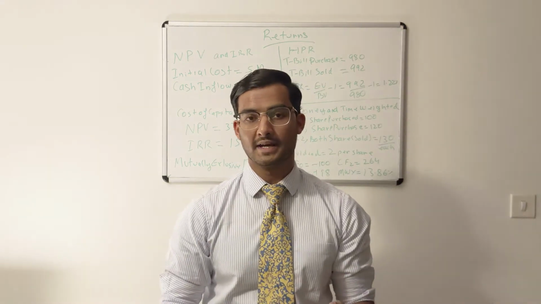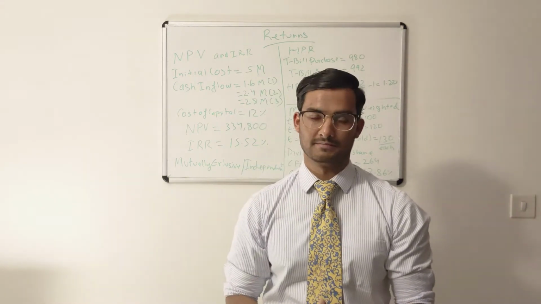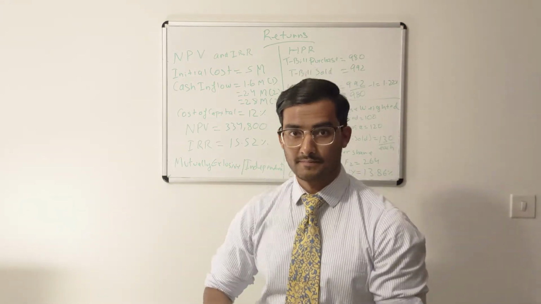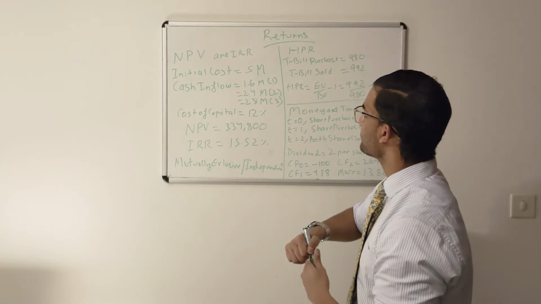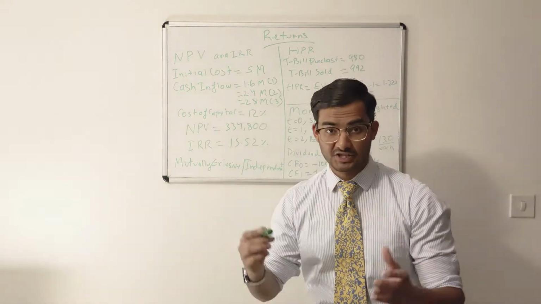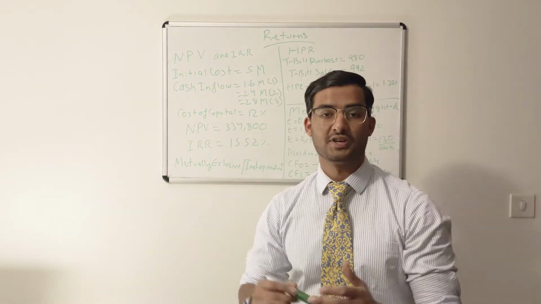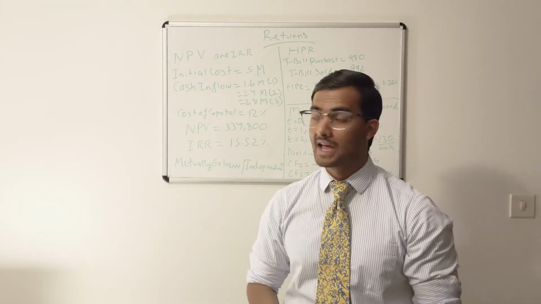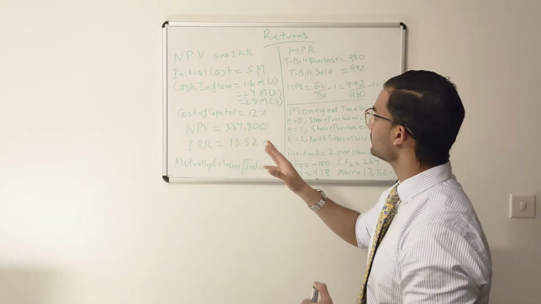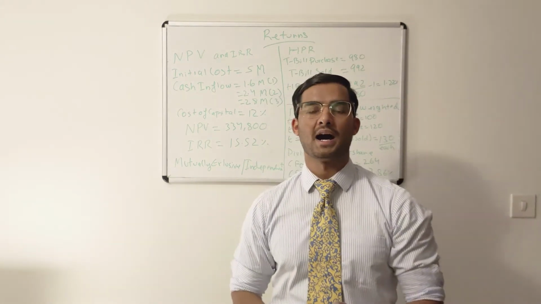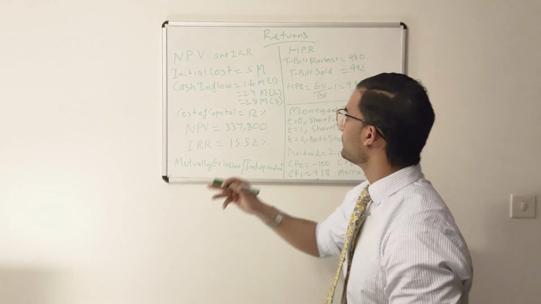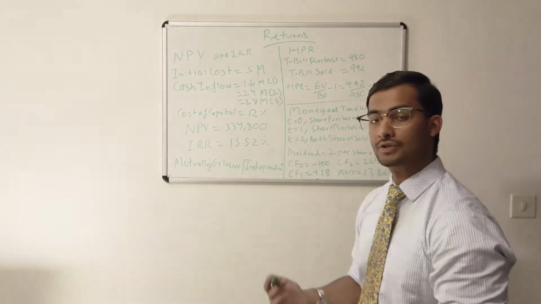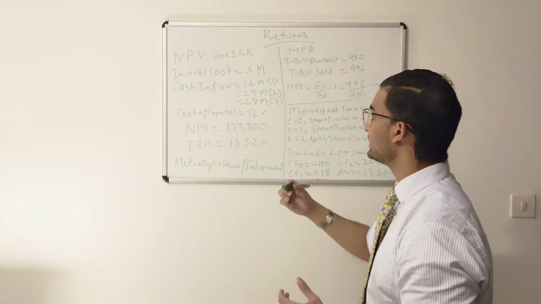Now, say for example that you are investing in an investment where $5 million is your initial cost, what you have invested or are planning to invest, and the cash inflows told to you by your advisors would be 1.6 million in year 1, 2.4 million in year 2, and 2.8 million in year 3.